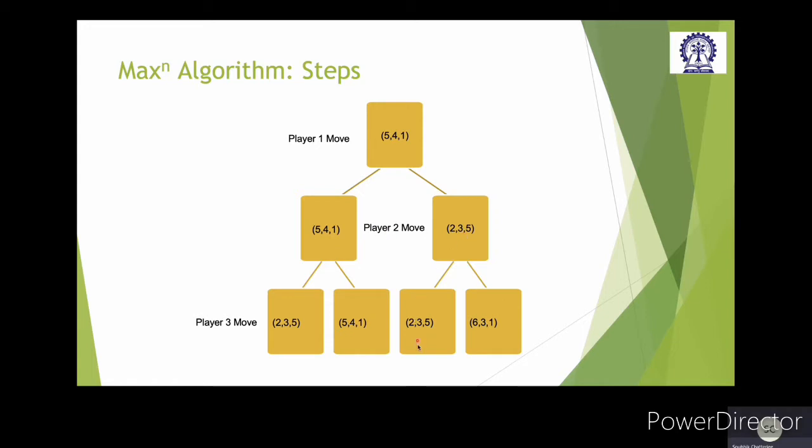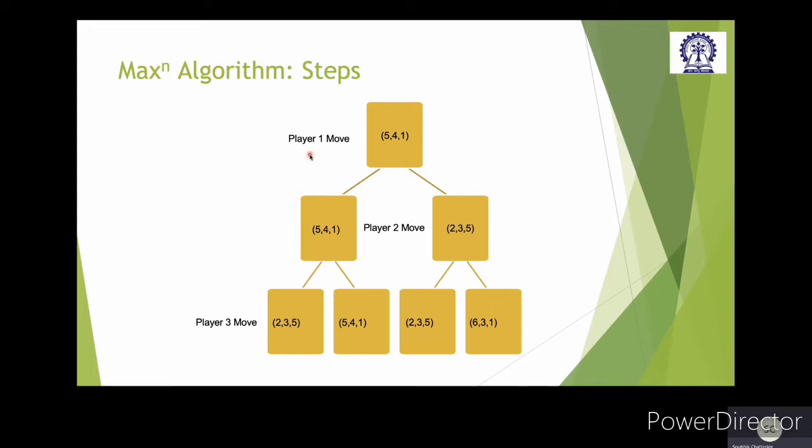Interestingly, the payoffs for player two in these two nodes are the same. So it's three in both. Typically there's a tie-breaker rule which the players have to follow. And in this case, player two takes the payoff from this side, which results in the 2-3-5 move.